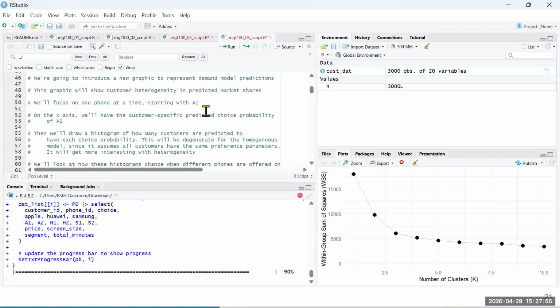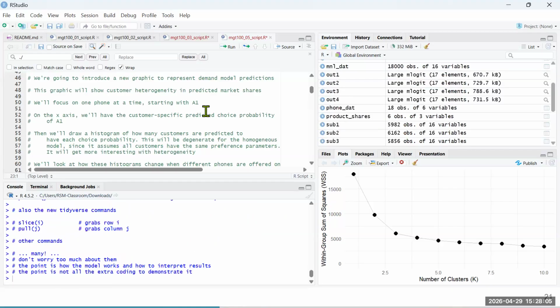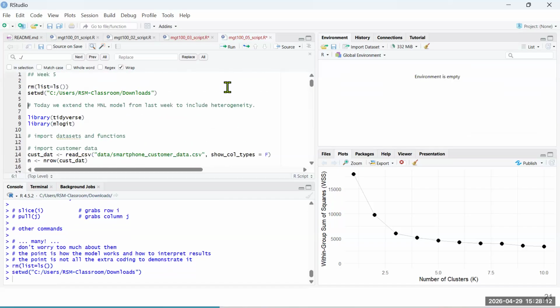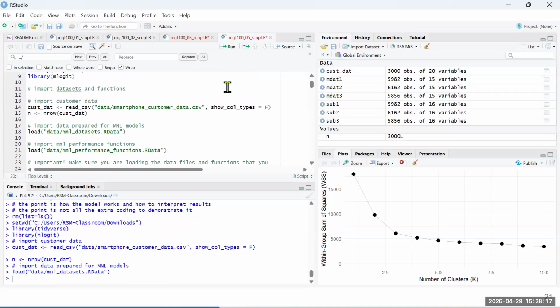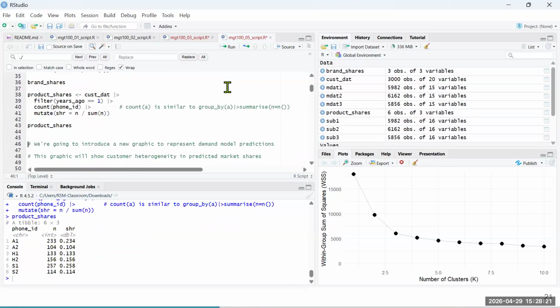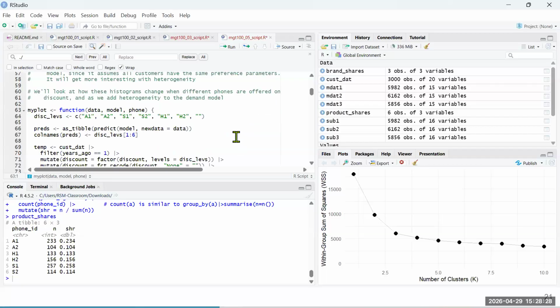And so we're going to do two things to pay careful attention to that. First, we're going to graph the heterogeneity in predicted market shares. And then secondly, we're going to estimate a range of heterogeneous models to show that resulting heterogeneity in predicted market shares.